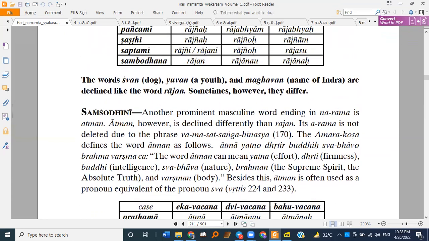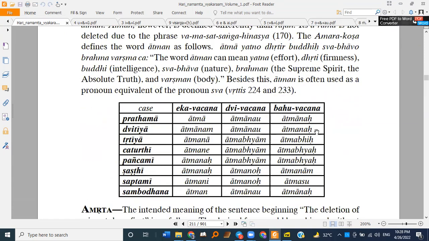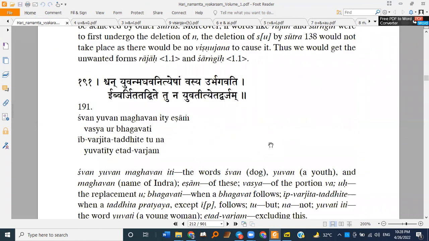This next sutra will also come from this. Shwan Yuvan Magvan Ityesham Vasya Ur Bhagavati E Varjita Tadhitituna Yuvati Ityetad Varjam.